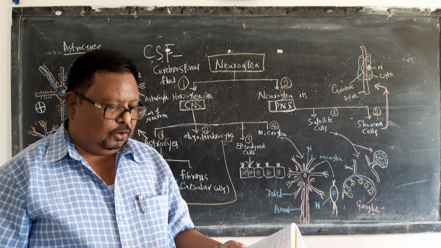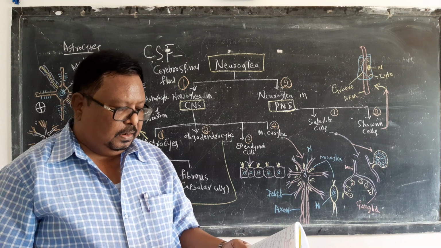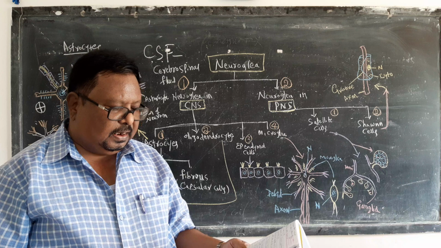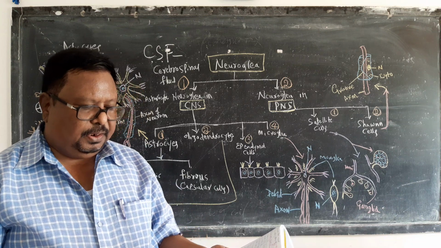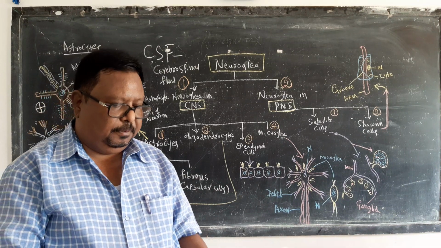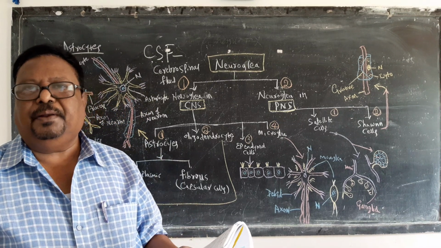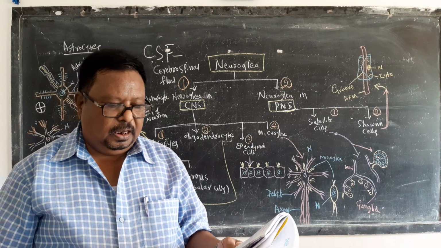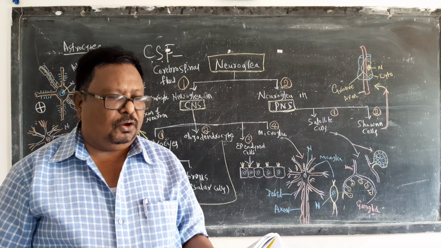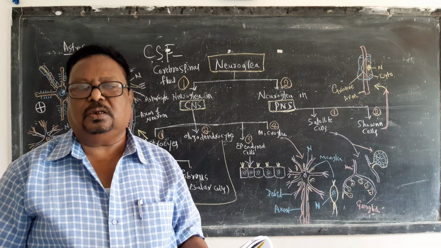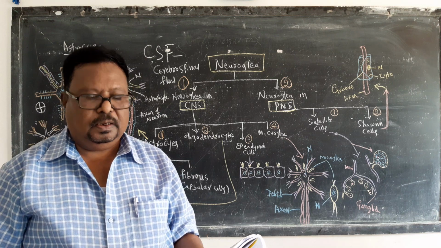They help in the growth of the brain and in the normal functions of the neurons. They act like a barrier between the brain and the blood. So these neuroglia are called supporting cells for the neurons. They support the neurons.